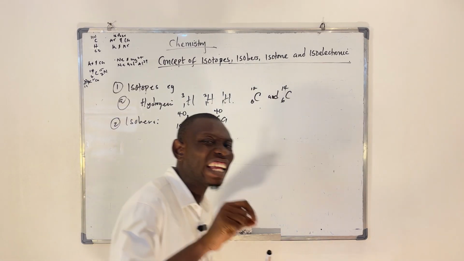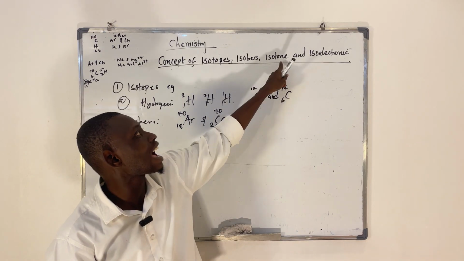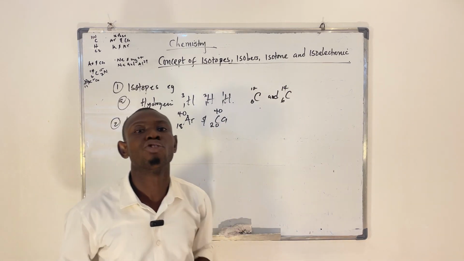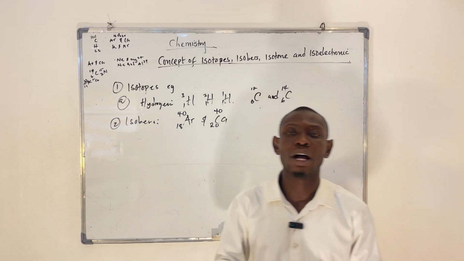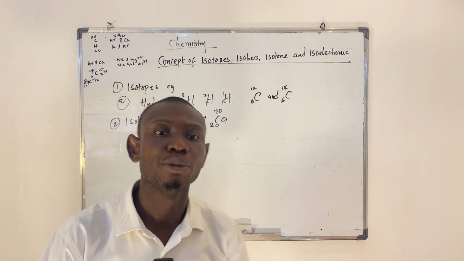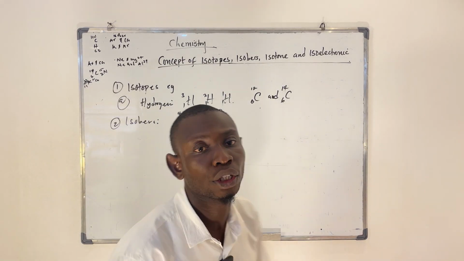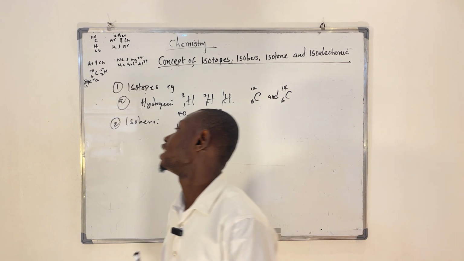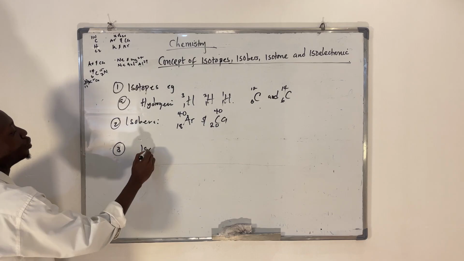It simply means they have the same number of neutrons, but are different elements with different mass number and different atomic number. You remember also that atomic number is also called number of protons in a neutral element.